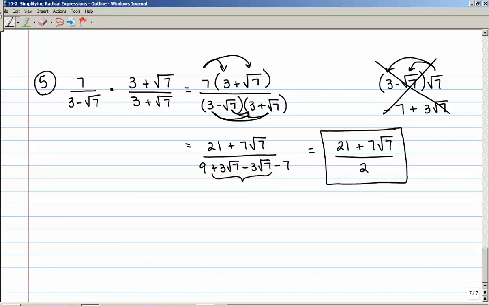A radical on top is okay, but we got rid of the radical on the bottom. So to rationalize the denominator in this case, we multiplied by the conjugate. In this case, it was 3 plus the square root of 7. And that's going to rationalize your denominator for you.